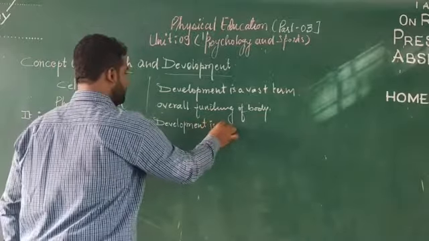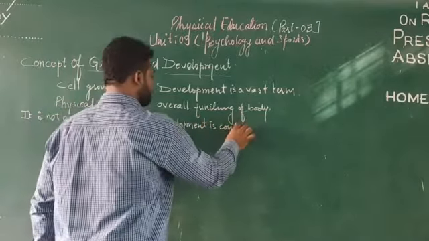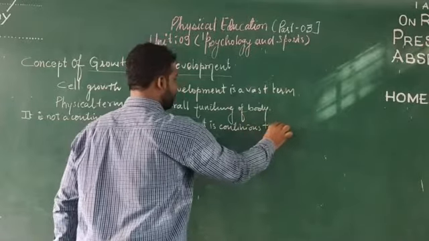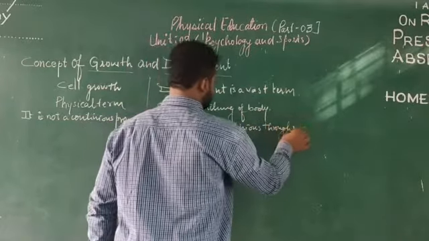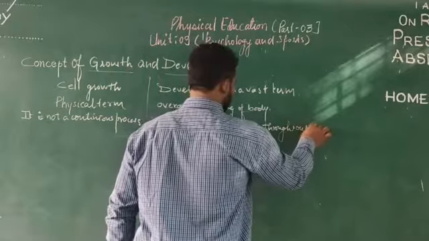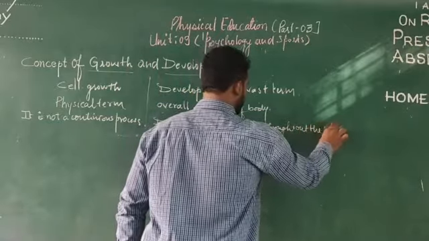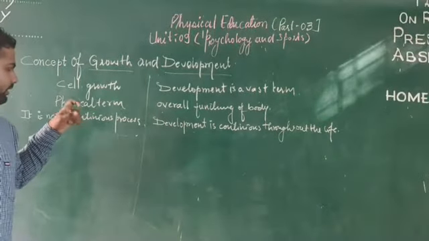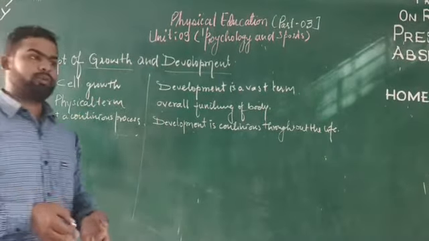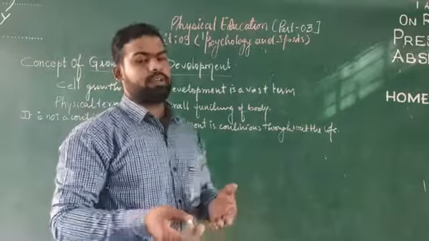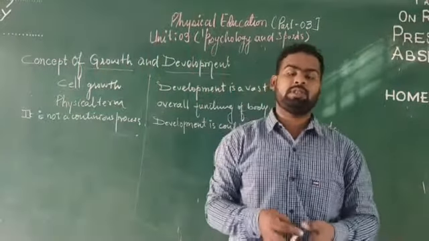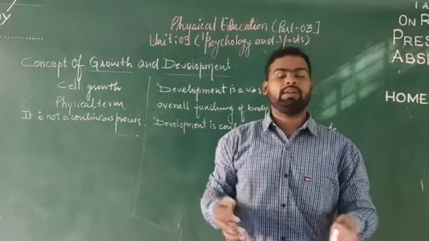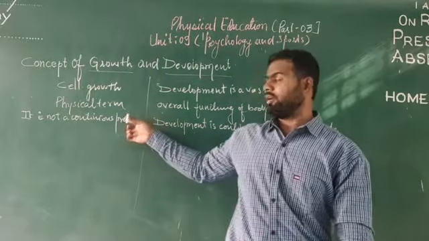Development is continuous throughout life. Now what I want to tell you, students, is that when I am talking about growth, for sure, from birth to the coming stages of maturity, your body size, shape, height, everything will increase up to maturity, right?